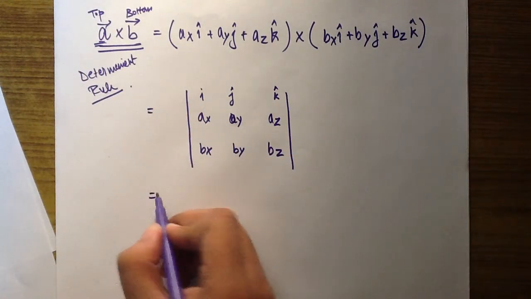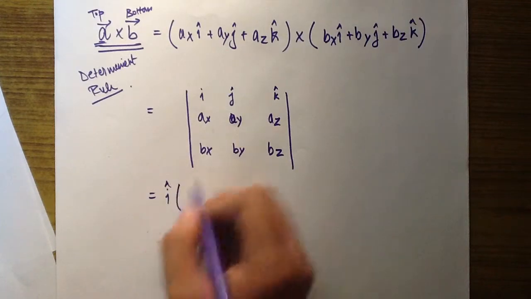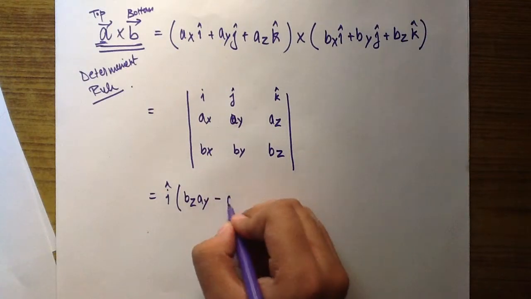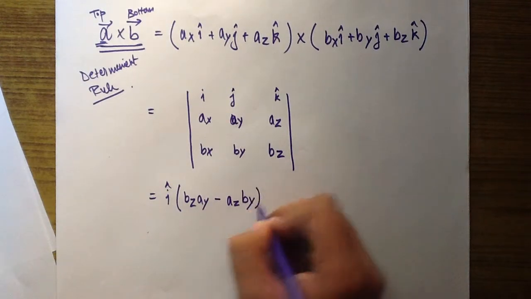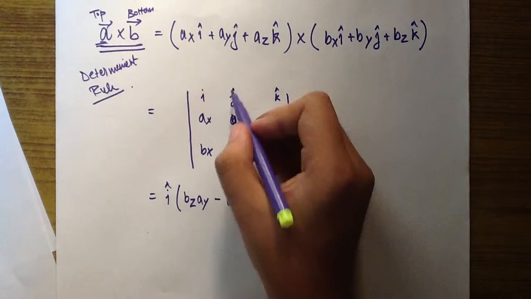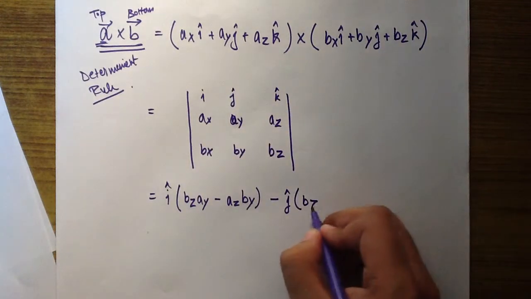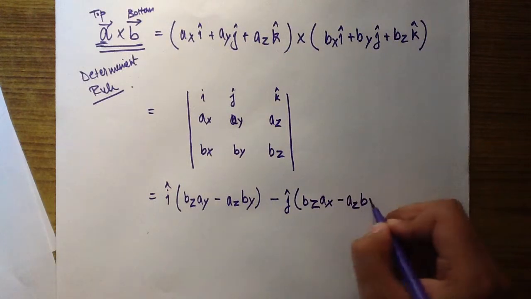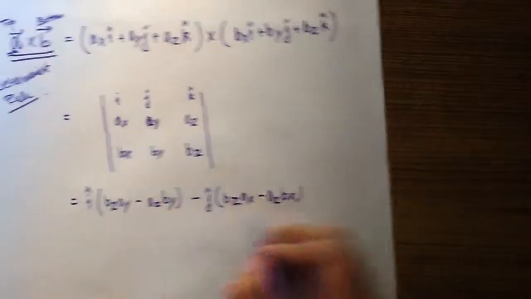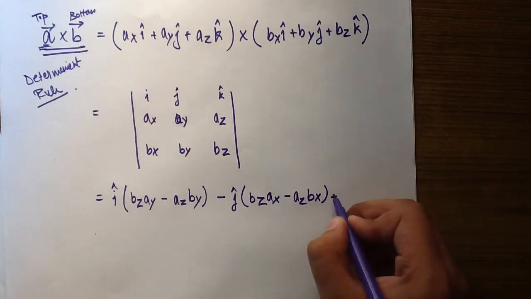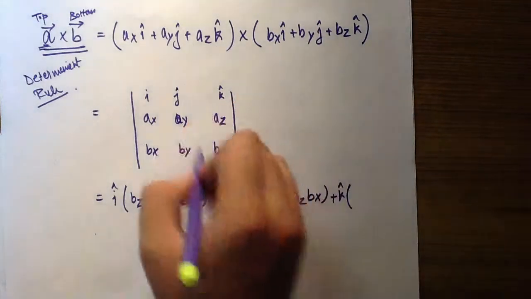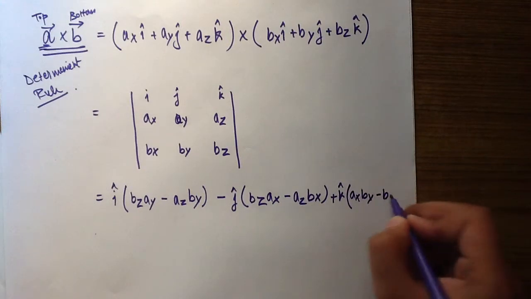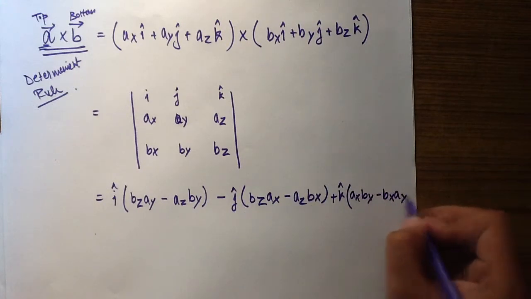Alright, so this can be expanded as i times (az by minus ay bz, with sign as computed), minus j cap times (ax bz minus az bx), plus k cap times (ax by minus bx ay).